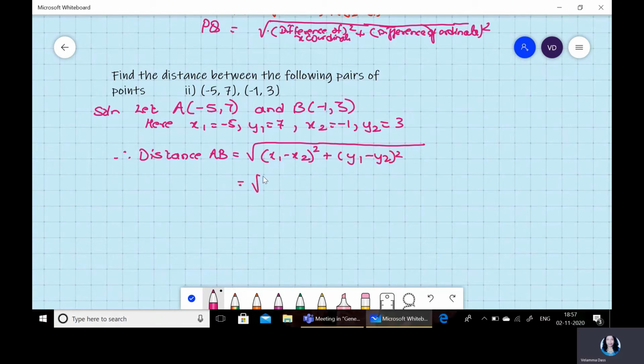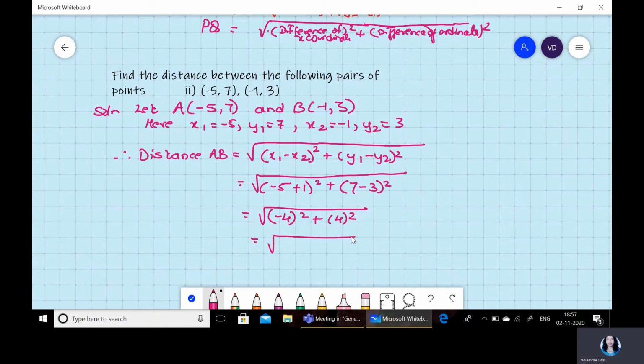Here we substitute: x1 is minus 5, minus x2 where x2 is minus 1, so minus, minus will become plus, the whole square. y1 is 7 and y2 is 3, so 7 minus 3 the whole square. So here we get minus 5 plus 1, which is minus 4, the whole square. Here also 7 minus 3 is 4, the whole square.